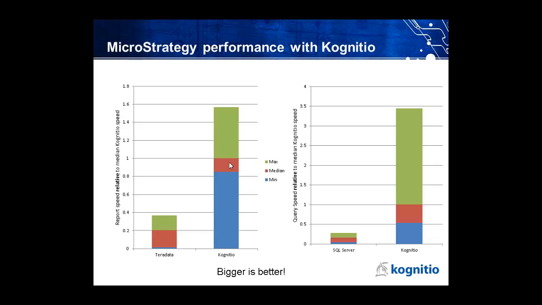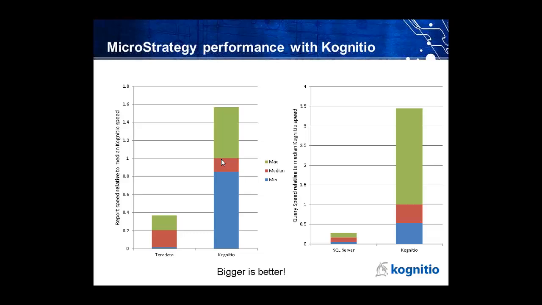Now, this is based on client data and queries, so obviously I can't give out timings and details. So what I've done is I've made all the figures relative to a Cognitio median speed. So basically, the larger the bar, the faster the query speed, the better.